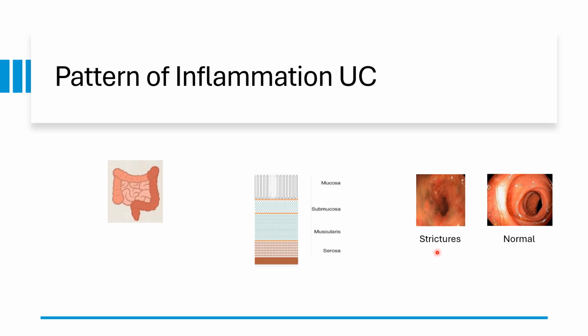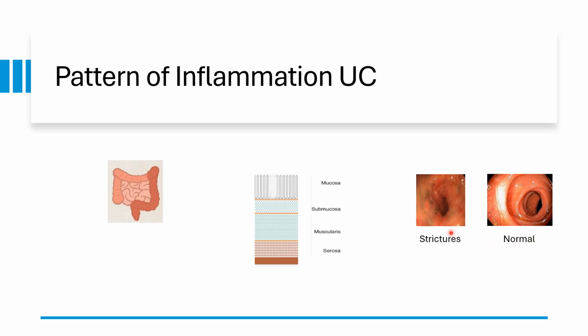Stricture is not as common as you see in Crohn's disease. It's something that possibly happens in ulcerative colitis, but it's not as common as in Crohn's disease. So the stricture is mainly something you would see in Crohn's disease, but it still rarely happens in ulcerative colitis.